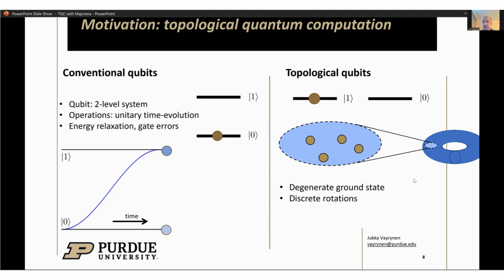So you might not have enough freedom to, let's say, prepare complex states. Okay, but this is the main idea, the main motivation behind topological quantum computation. And in this talk, I will focus on the Majorana, often called Ising anion, approach.